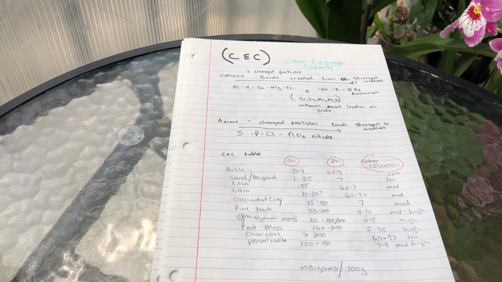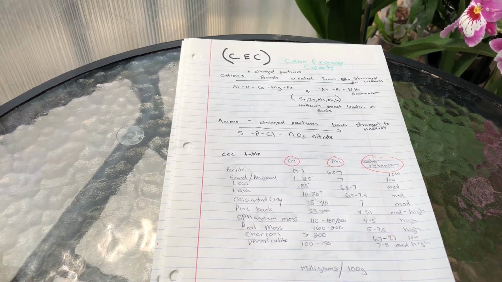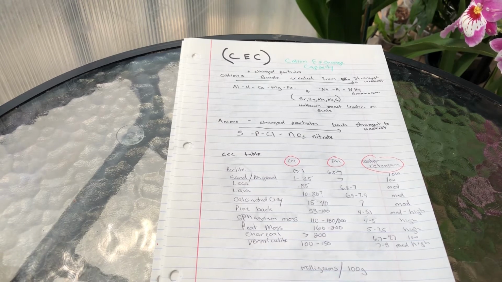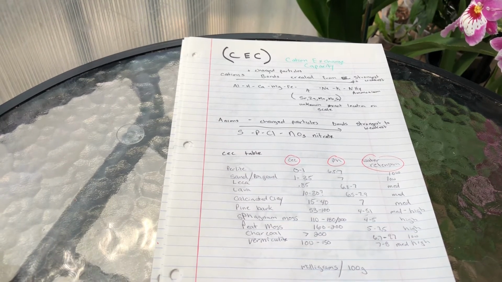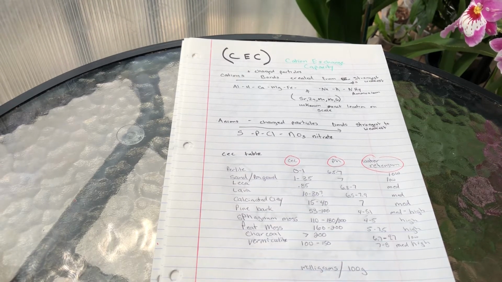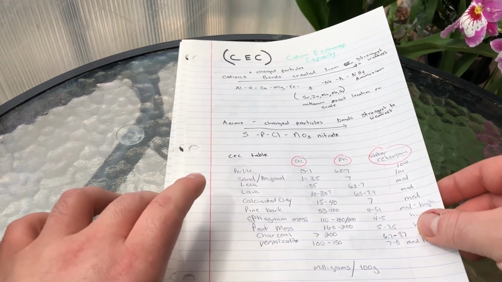Sphagnum moss has a CEC of 110 to 200, a pH level of 4 to 5, and high water retention. Then charcoal has a value greater than 200, a pH anywhere from 6.7 to 9.7, and low water retention.